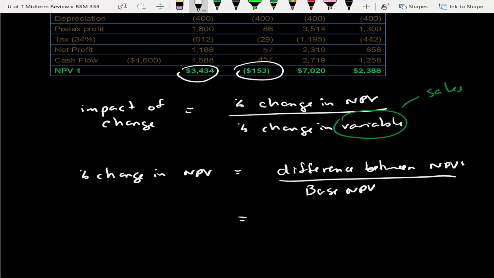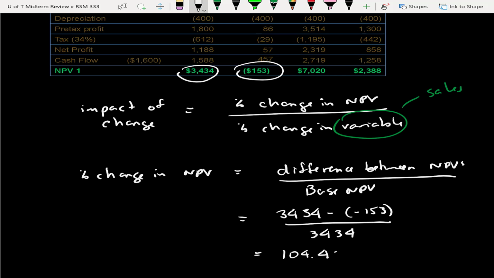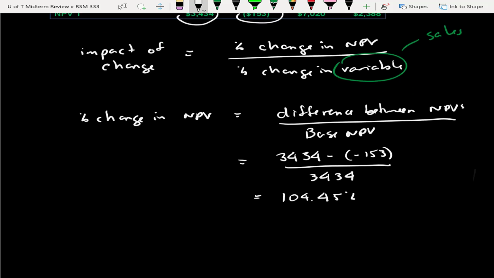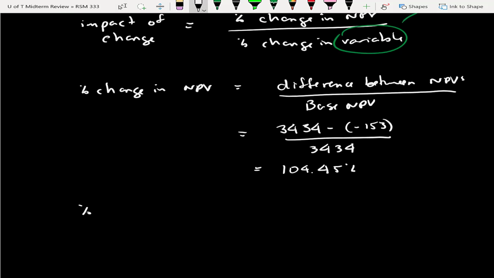You can see when sales falls to 4,000, it actually becomes negative. So the difference in the NPVs is going to be the 3434 minus the negative 153. And the base NPV is the 3434. So we have a change of 104.45%.